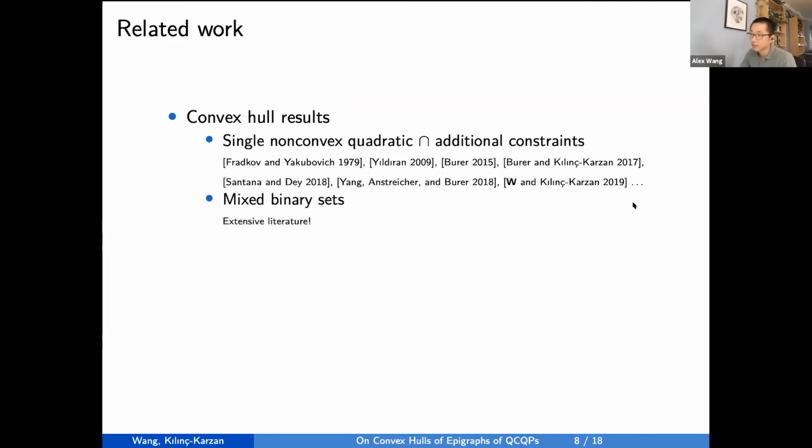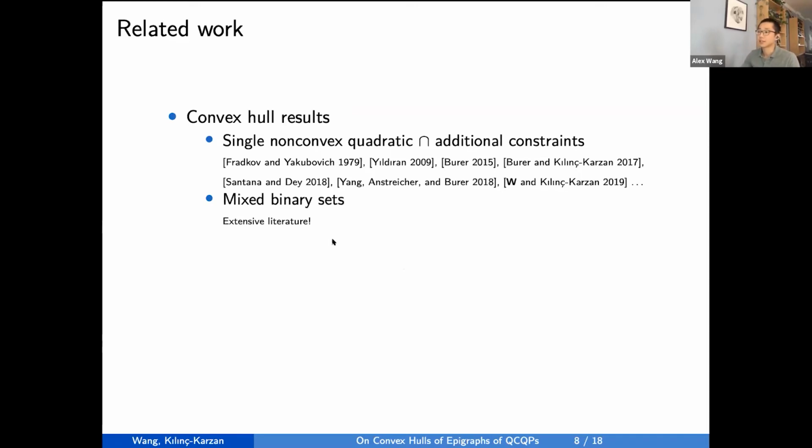Another line of work is convex hulls of mixed binary sets. For those of you new to this, it's relatively easy to impose 0-1 type constraints using a quadratic constraint. So you can view the work in this literature as showing you how to convexify highly structured quadratic sets.